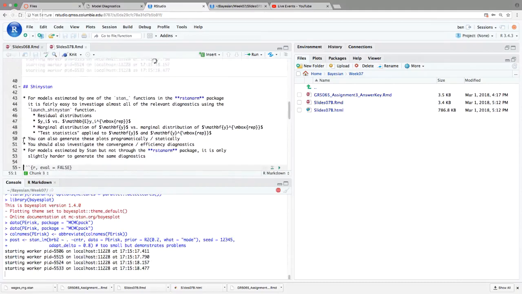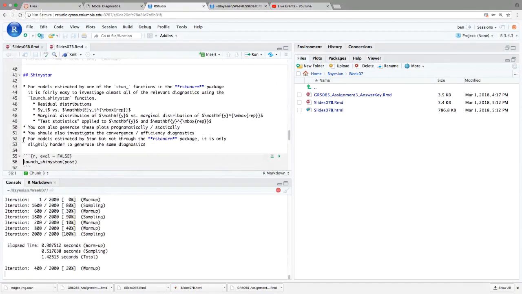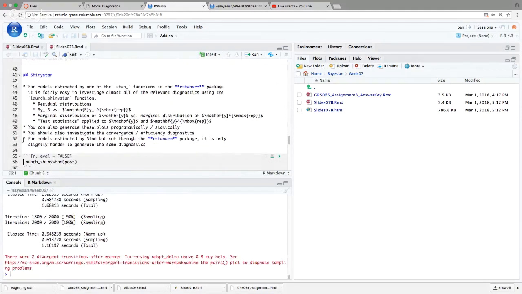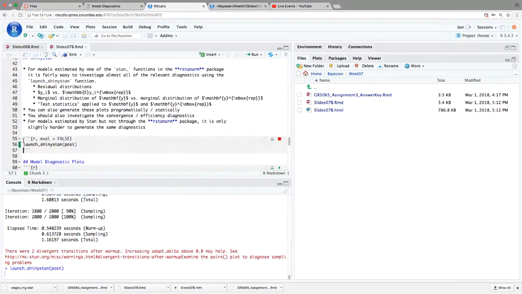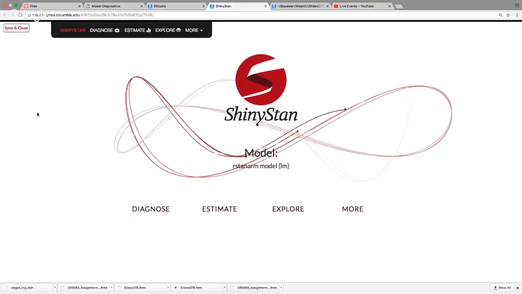And then we have the so-called shinystan package, which does a lot for being able to visualize the posterior draws. And so that pops up as a web app.